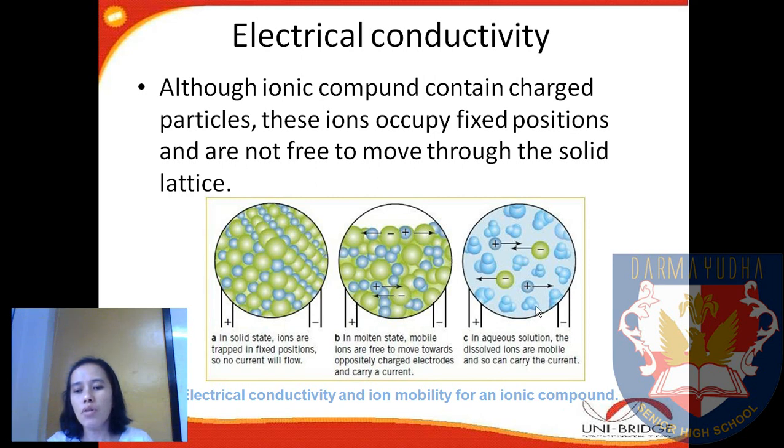In molten and aqueous solution, the ionic compound will be broken into positive and negative ions. Those positive and negative ions will be free to carry electrical charge. That's why an ionic compound is a good electrical conductor in a molten state and also in aqueous solution.